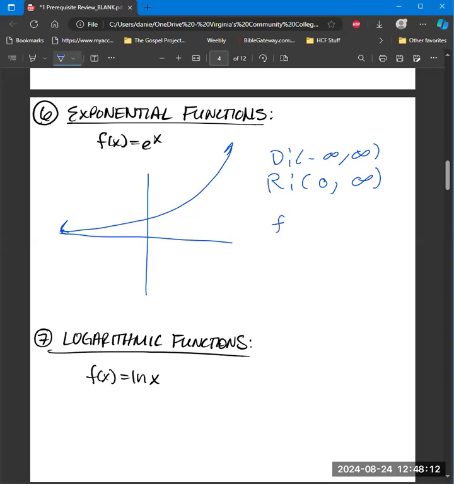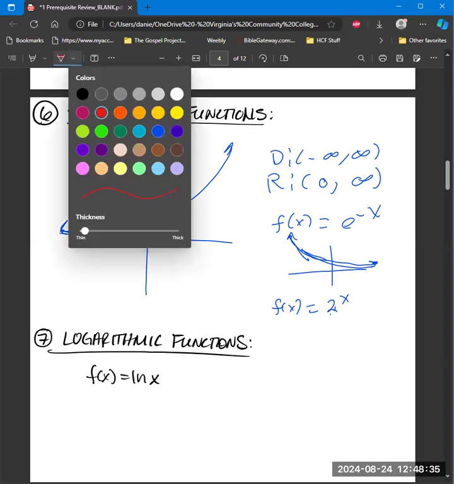So if I have something like f of x equals e to the negative x, that's actually a falling curve like this. We could have something like f of x is equal to 2 to the x. Because that's greater than 1, it's going to be a rising curve like this. So y equals 0 is a horizontal asymptote.